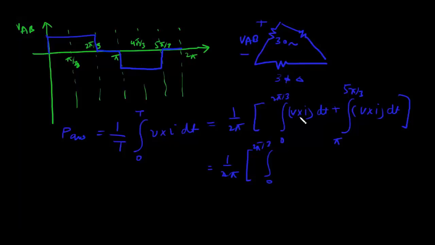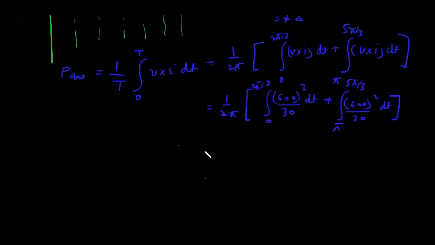So you know that voltage is 600 volt and current is nothing but V by R, so it will be 600 square divided by 30 dt. Similarly from pi to 5 pi by 3, it is 600 square divided by 30 dt. So it is 1 by 2 pi. You can take 600 whole square divided by 30 outside.